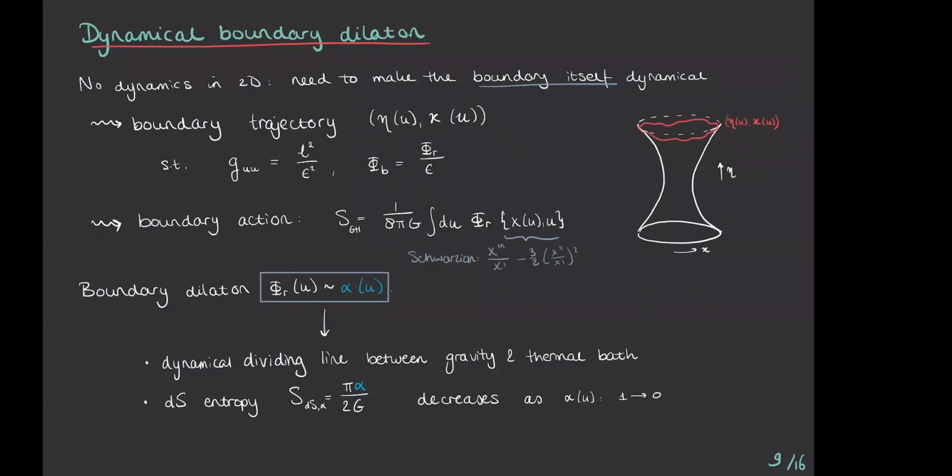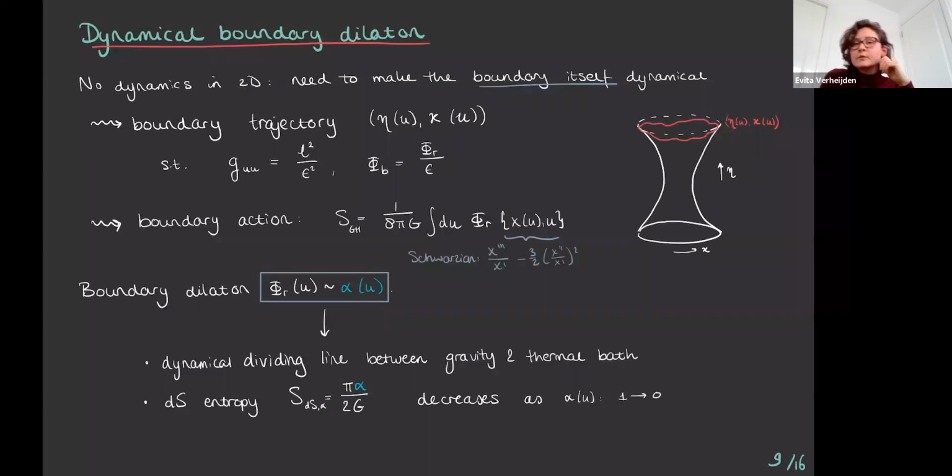But from the point of view of the u variable, what is that? Well, on the next slide, you will see how alpha depends on u. And u is just some parameter that goes from 0 to a finite value, just to define this evolution at future infinity.